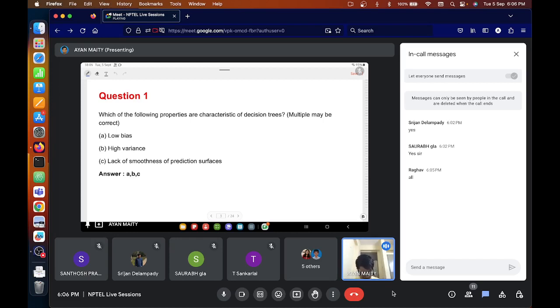So the correct answers here are A, B, C. Raghav has said the correct answer in the chat. All three options are correct here.